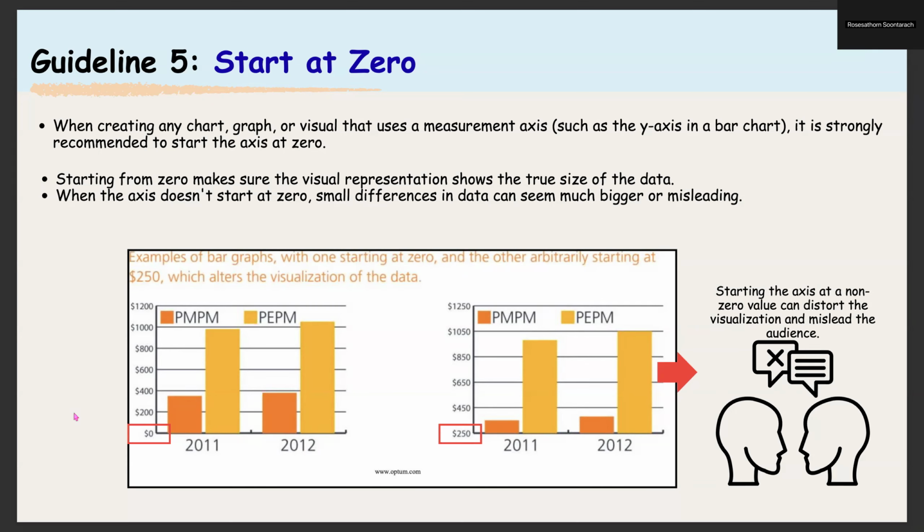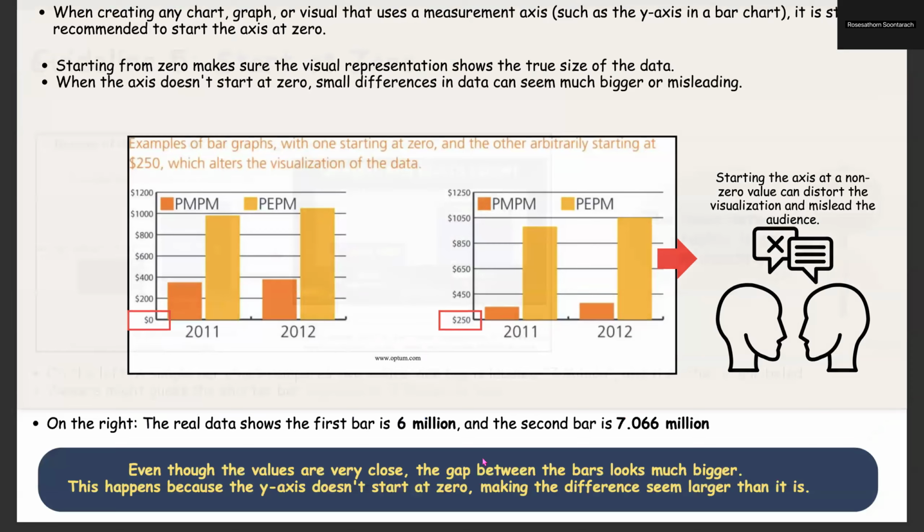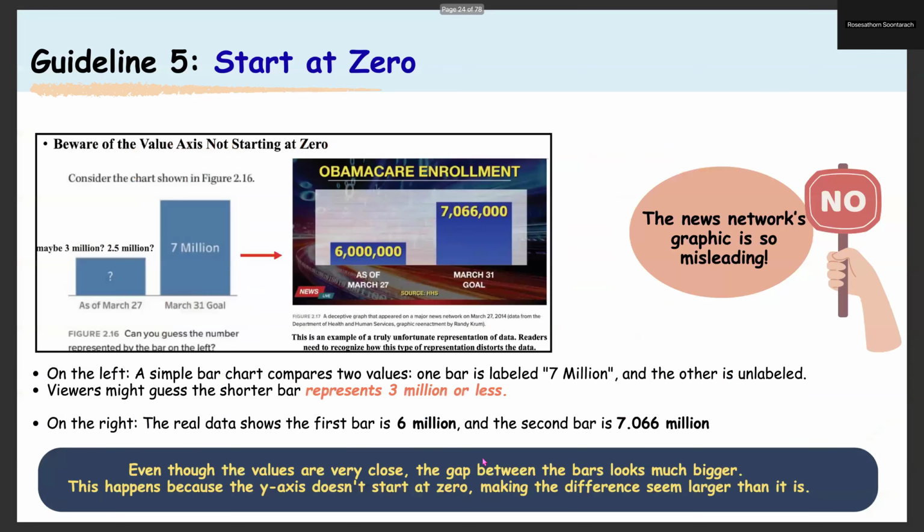But if the axis does not start at 0, small differences in data can seem much bigger or misleading. For example, these two figures. This one starts at 0 and this one starts at 250, which can alter the visualization of the data.